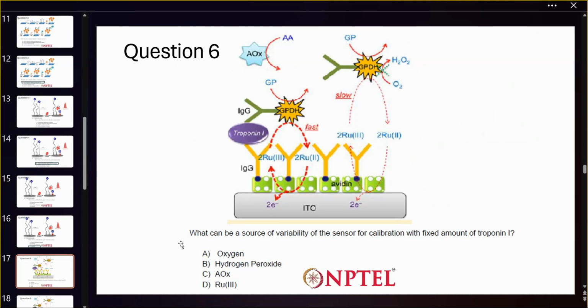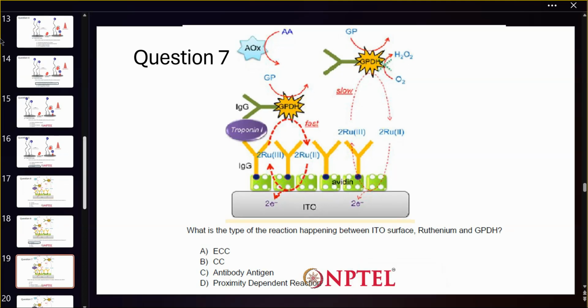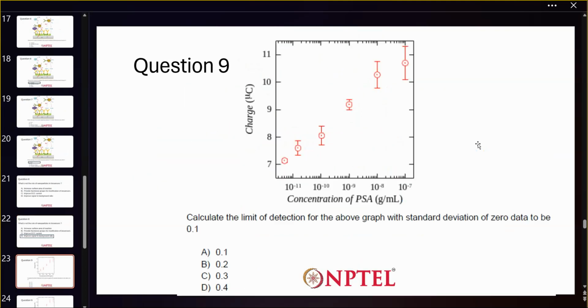Then you have an immunoglobulin secondary antibody labeled with GPDH4. Then for the redox reaction, you have ruthenium in the setup, plus you have AOX enzyme in the mix. This is what the third setup looks like. So I hope all the three setups are clear.